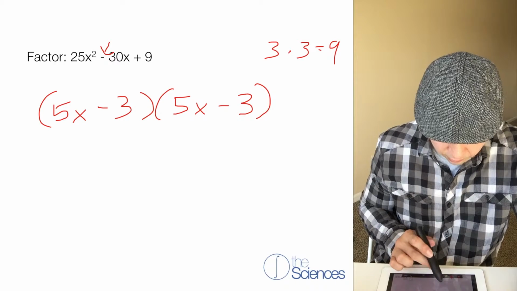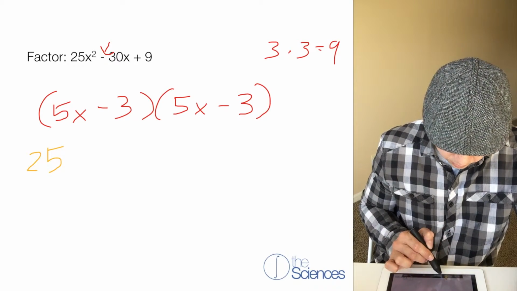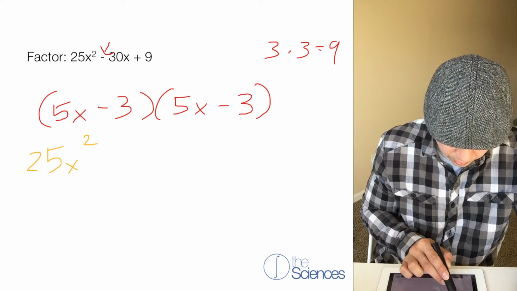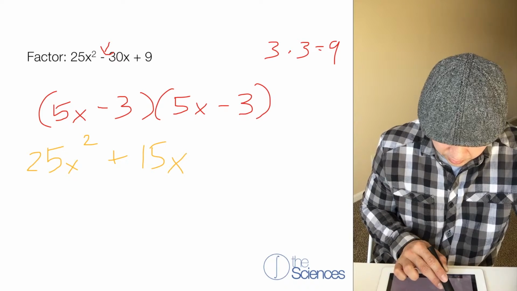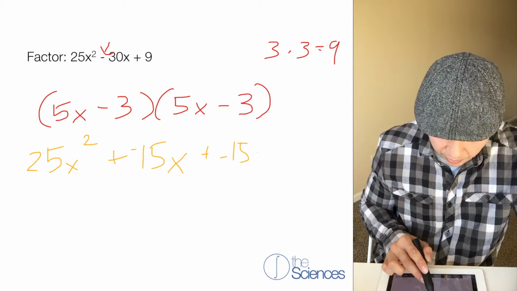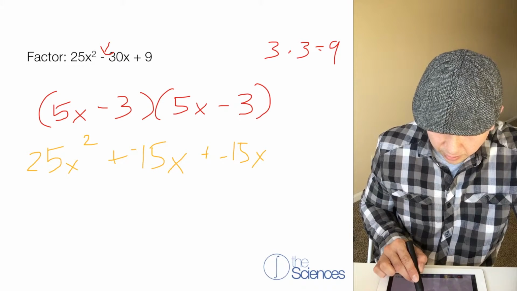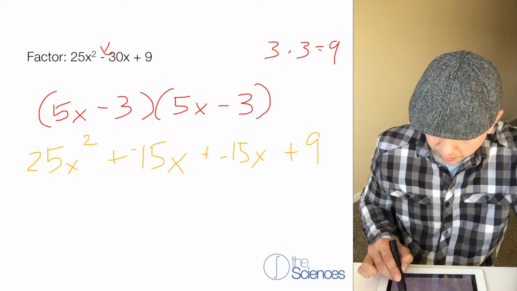Now we can try to solve this using the FOIL method. So we get 25x squared plus negative 15x plus negative 15x plus 9.